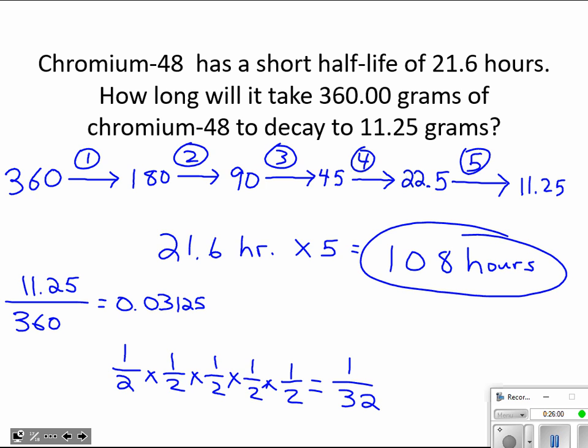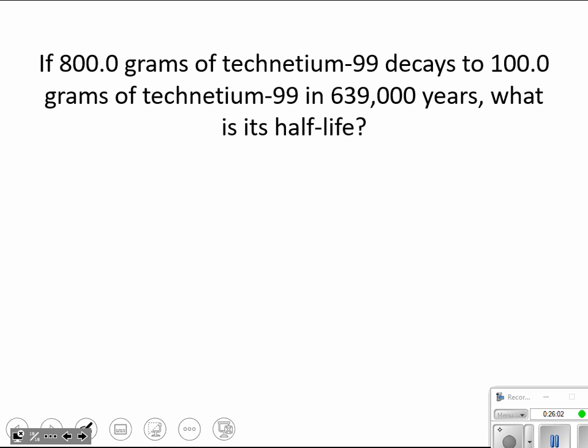All right. We're going to do one more here. So go ahead and copy this one down, then I'll work it. If I have 800 grams of technetium-99 and it decays to 100 grams of technetium-99 in 639,000 years, what is its half-life? So once again, I'm doing this just a little bit differently.